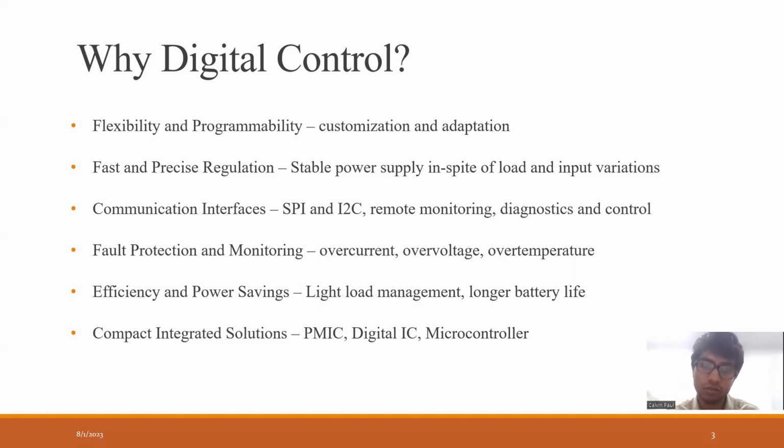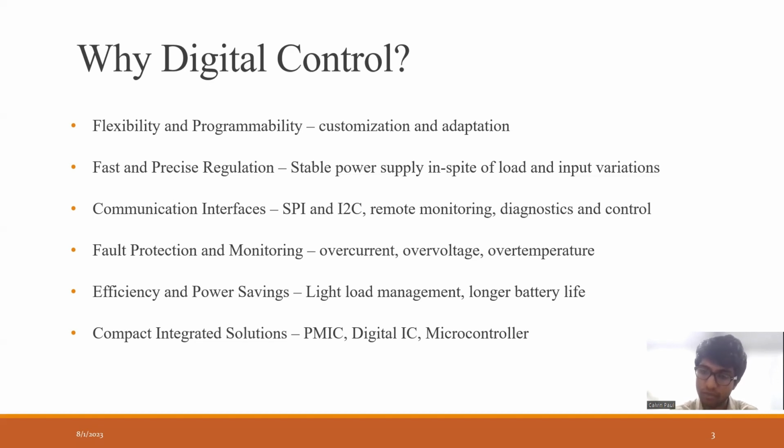Then we can also do fast and precise regulation. It is very important for us, especially for switch mode power supplies, that it should be a stable power supply. So what are the disturbances which occur? That is load variation, where some extra load current is drawn, or load is added or removed from the circuit.